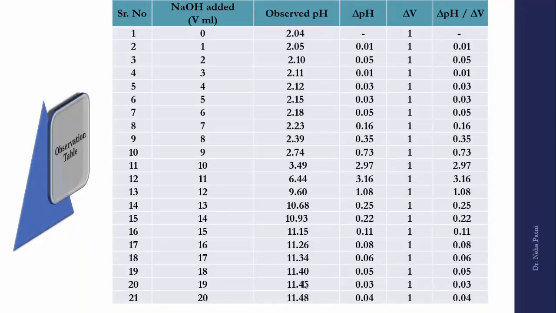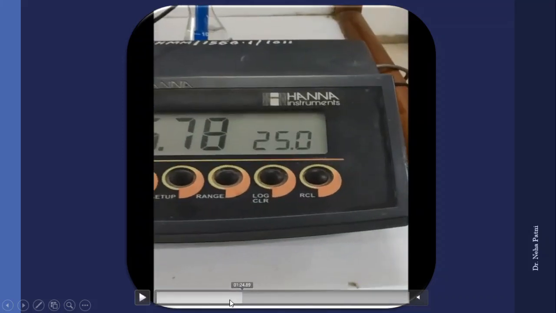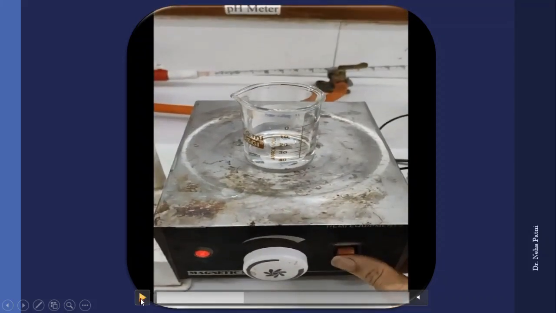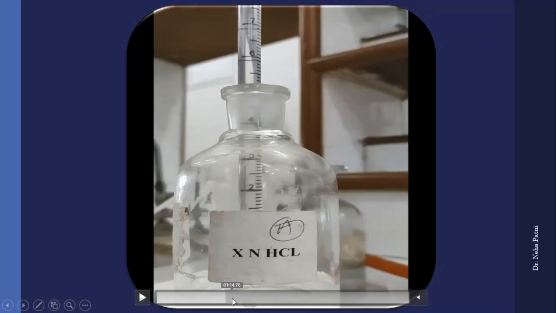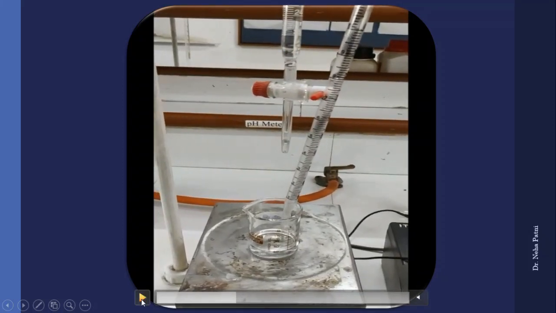Now coming back to this, we can regulate the speed of the particular stirrer also. Secondly, when you are taking the HCl, now imagine this HCl is only 10 ml, right? So this portion is only 10 ml.